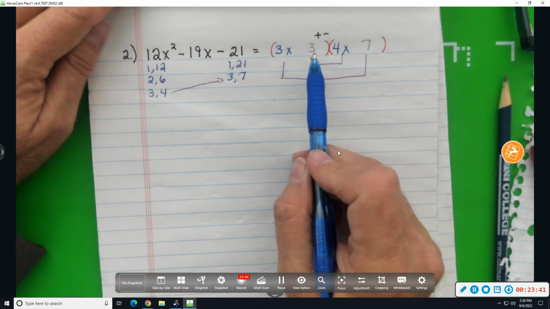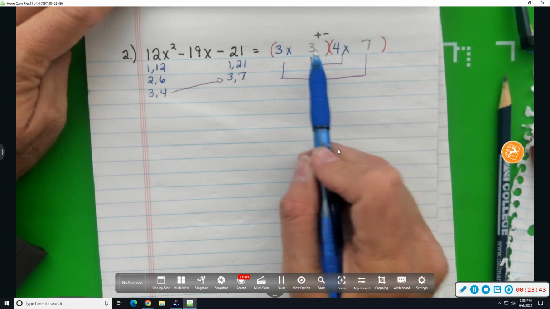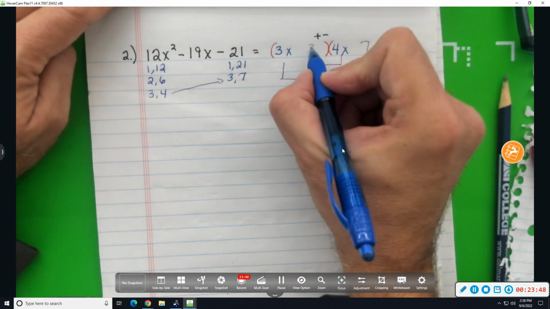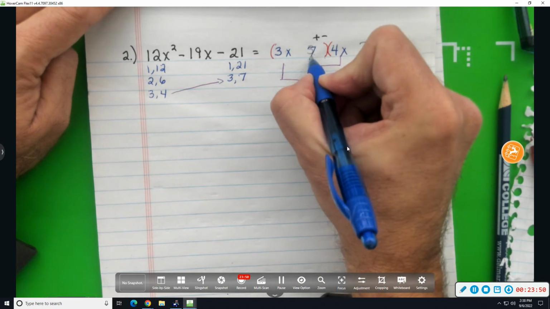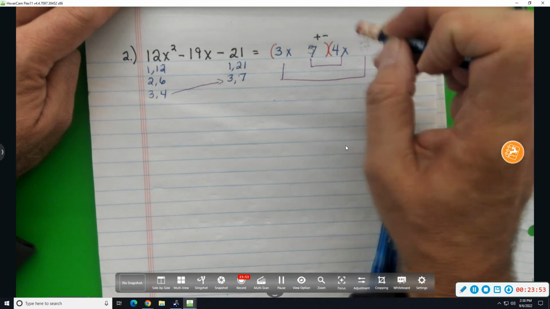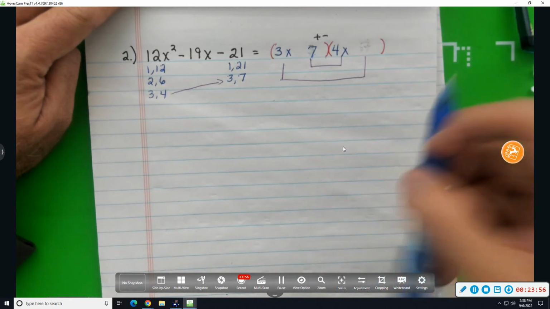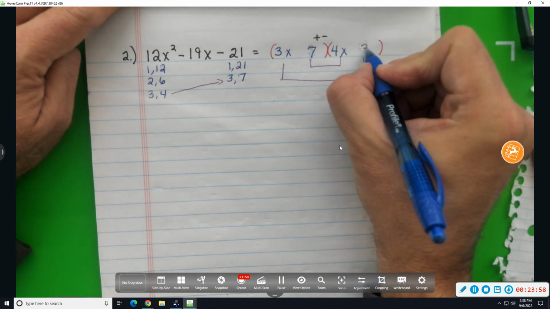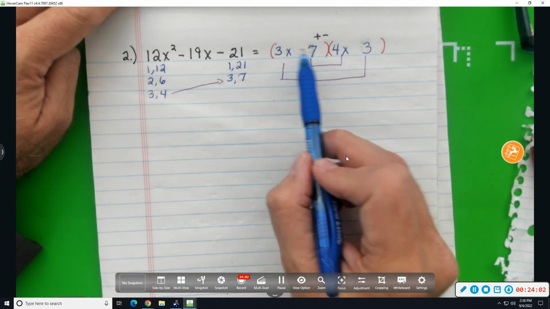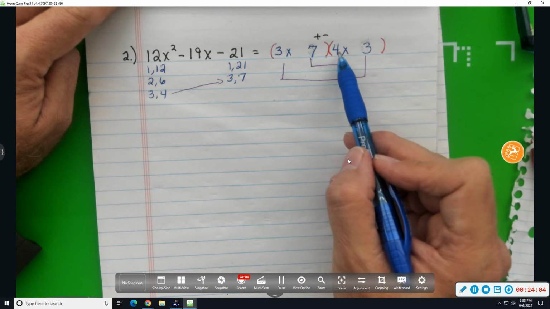So I don't even need to bother trying it like that with the 2 3's together. Let's try it like this. If I put the 7 there and the 3 over here. Are these 2 sets of parentheses okay? It's the only thing that divides into 3 and 7 of 1.